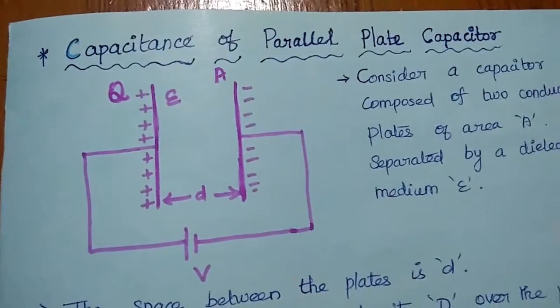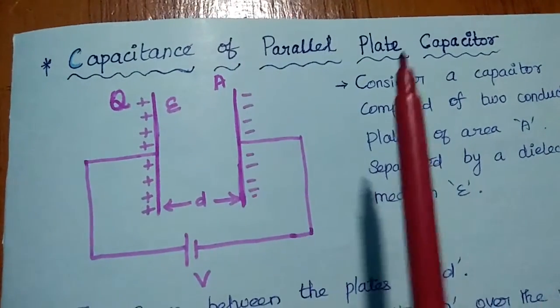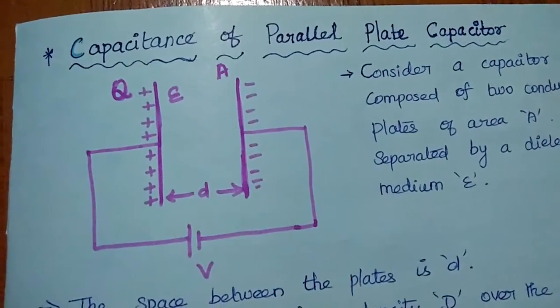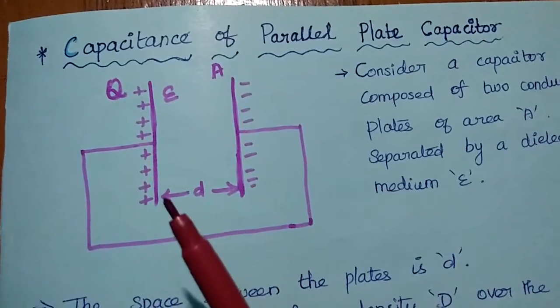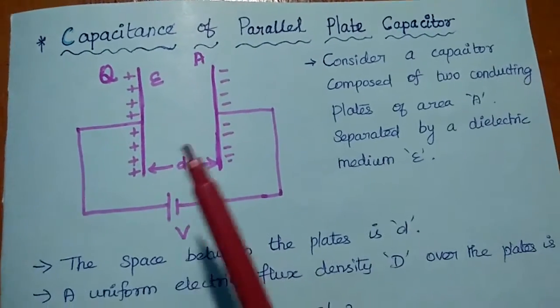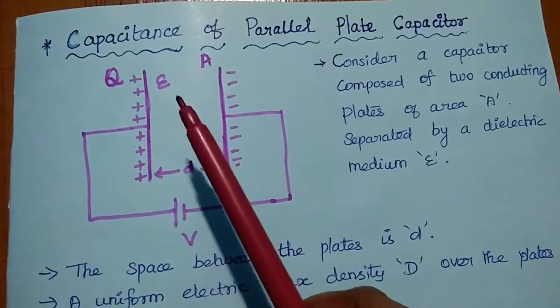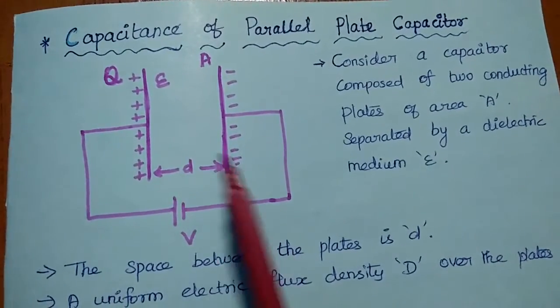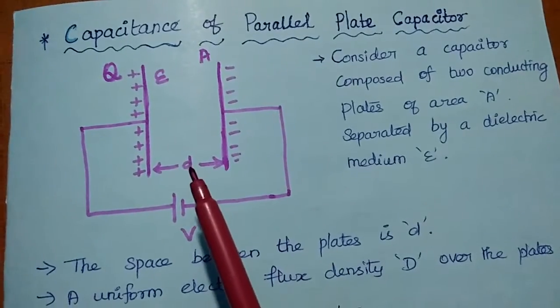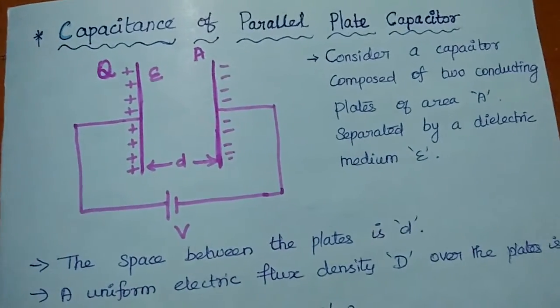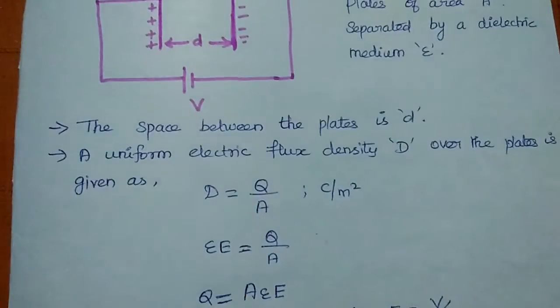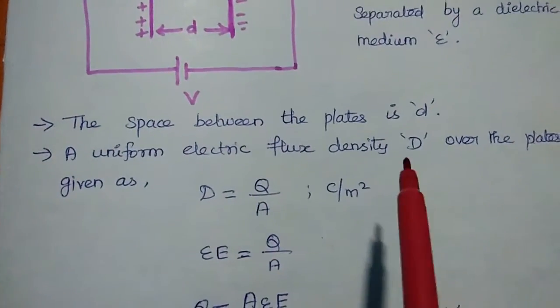Here we are going to derive the capacitance of a parallel plate capacitor. Consider a capacitor composed of two conducting plates of area A, separated by a dielectric medium epsilon. The separation between these two plates is D. We start with the electric flux density.